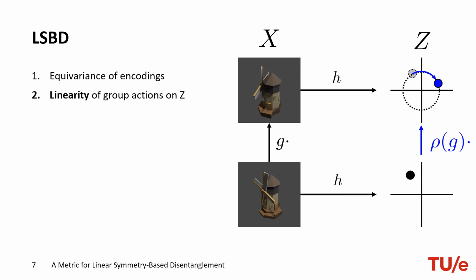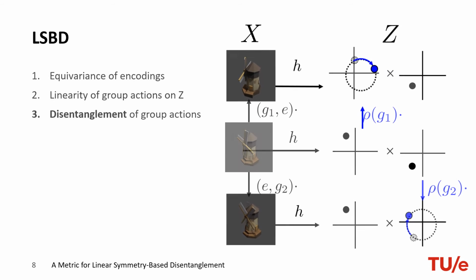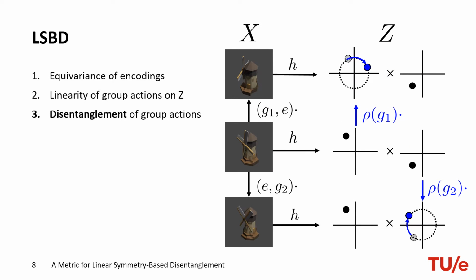The second property, on the linearity of group actions on Z, means that the transformations on the representation space Z should actually be linear. The third property, on the disentanglement of group actions, means that for several independent group actions, the encodings should provide a separation of the embedding space with respect to those transformations.